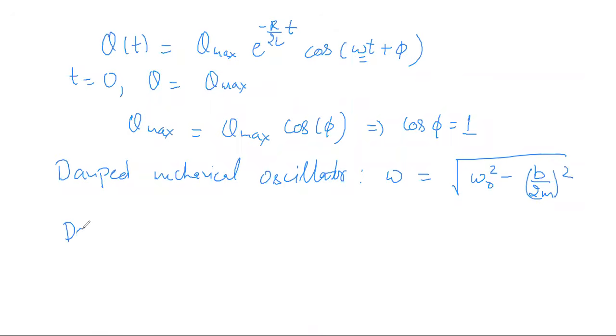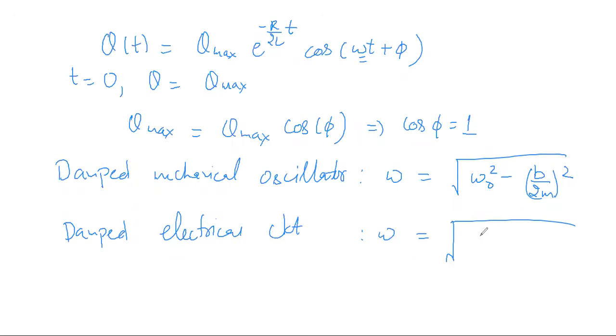That means in your damped electrical circuit, which is basically your LCR circuit, your omega now would be equal to the square root of omega naught square, which is 1 upon LC, minus R upon 2L whole square. Let me repeat that: this omega is less than your undamped frequency, since you are subtracting something from the undamped frequency and taking the square root. So this omega is always going to be less than the undamped frequency. But this omega is still a constant number. It does not depend on time.